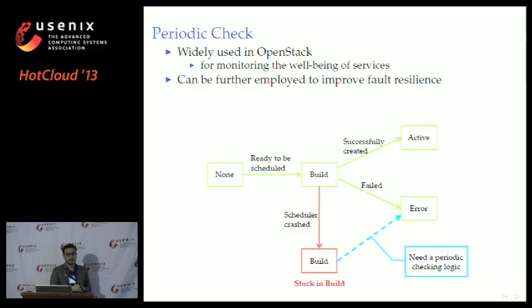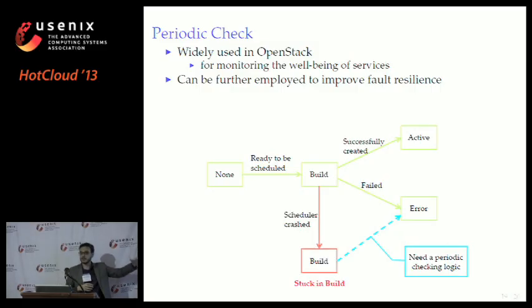Another case is the one that's depicted here. VMs transition from the none state to a build state. It gets all the images. It chooses a host to run on. It starts a VM, and then it should transition over to active, and that's when the user can log in.